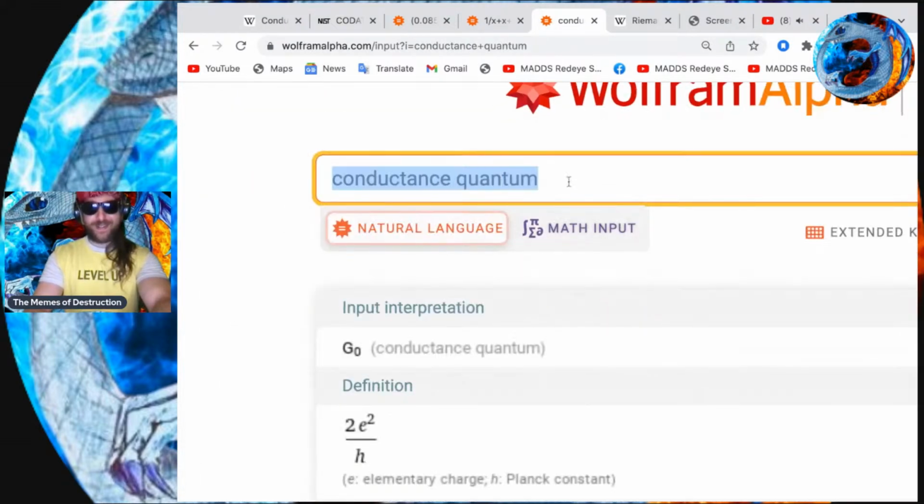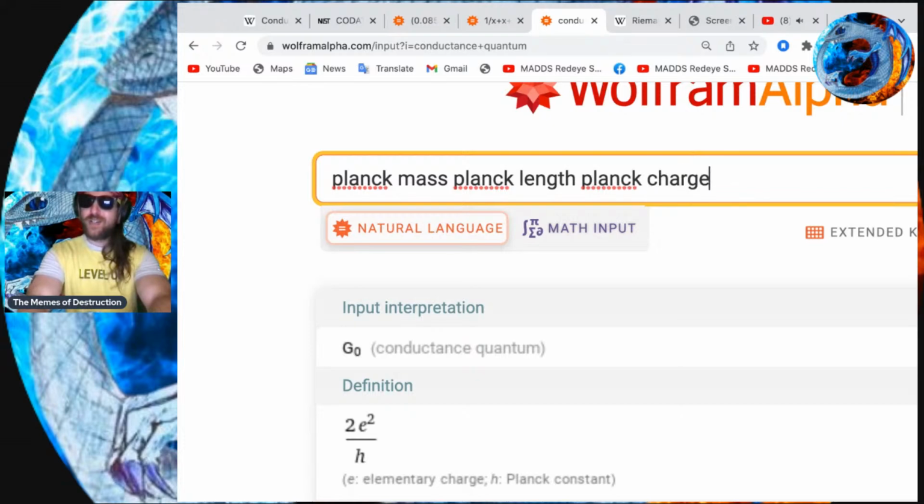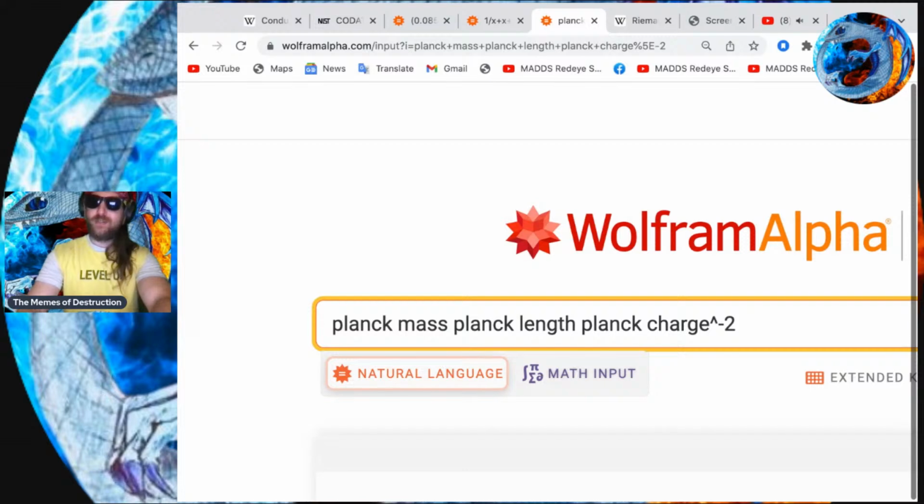Here's the interesting thing. So we get mass times the Planck length. So elementary mass, elementary length, and then Planck charge squared, but we wanted the denominator, so we'll do -2.